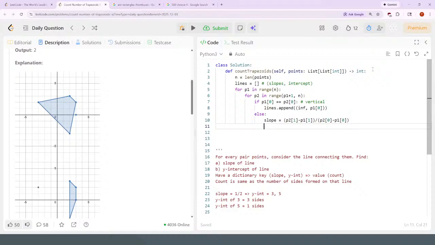So the y-intercept is equal to, let's use the first point, y minus slope times x, so it would be p1. Oops, this is the y-coordinate. Y minus mx.